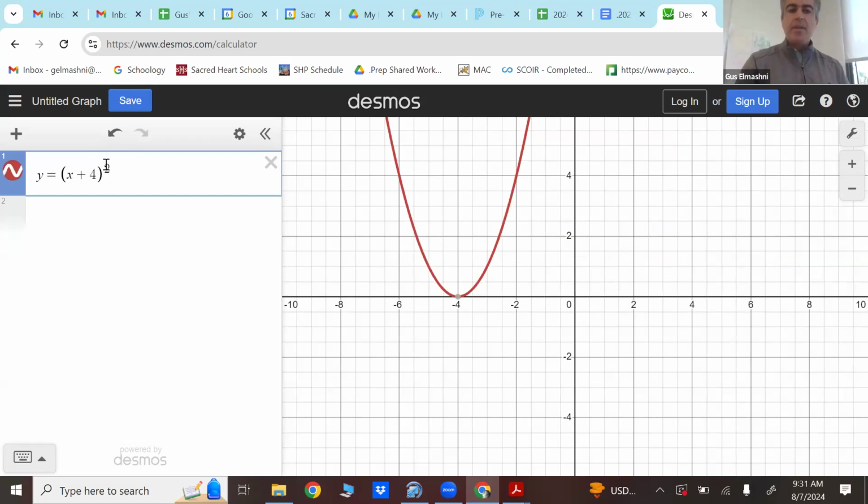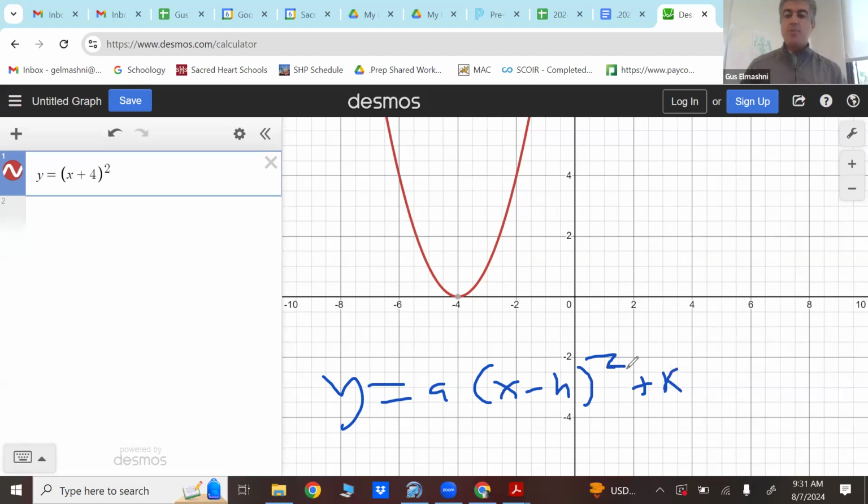That's what's happening. So generally speaking, we think of a quadratic function like this. We'll talk about it in just a second. And this is going to be groundbreaking. It's the most important thing I think you get out of Algebra 2: the transformations. H is what we call the horizontal shift, because it causes the graph to move horizontally. K is what I call the vertical shift.